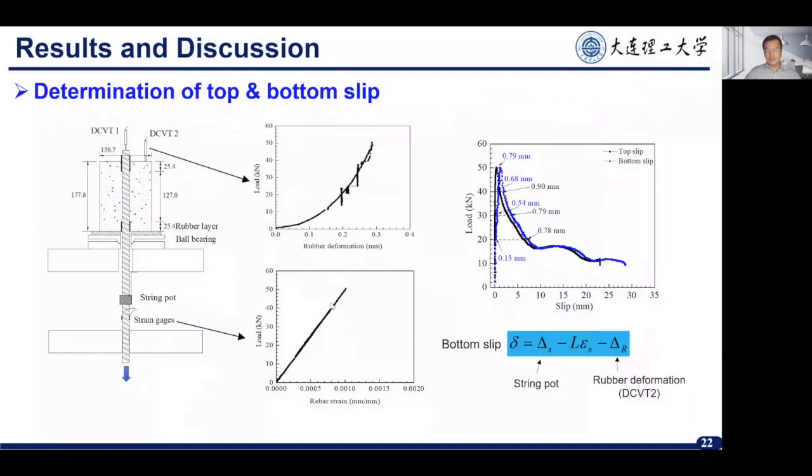It's linear because the steel rebar is in the elastic stage during the whole pull-out test. And this is the load and slip curves. For this one, we use two slips. One is the top slip, which is recorded by DCVT1, directly at the top end of the steel rebar. And the second is the bottom end slip, which we calculated by using this equation.